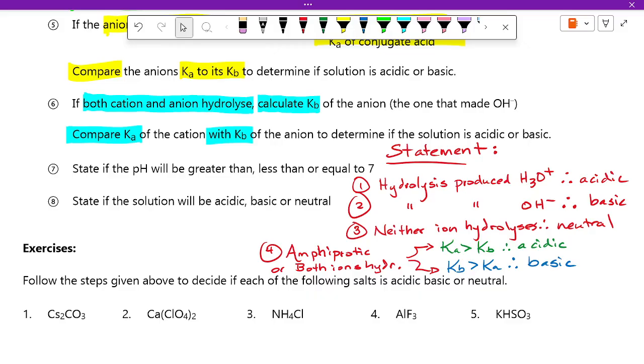Close for one where only one anion, one ion is hydrolyzing, or if neither of them do, you really can just write acidic, basic, or neutral. If you can see it, you can just write that. And then a written response question might be, and write the hydrolysis reaction. You will need to be able to do that.